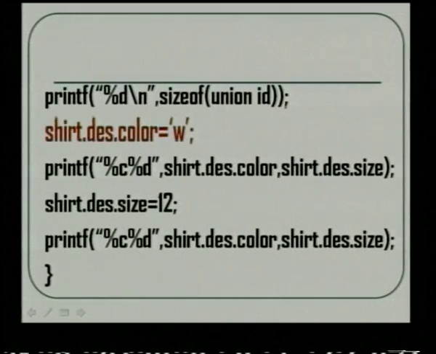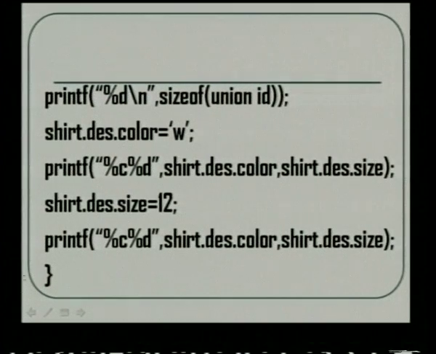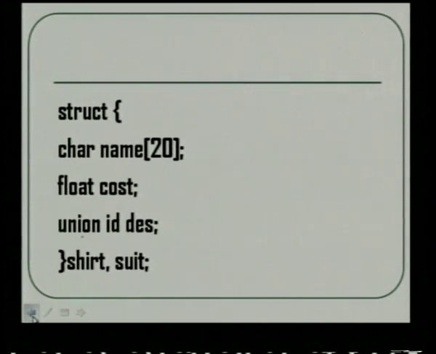And in the next step we see shirt.des.color. Now, what is this shirt and what is this des? The shirt was already seen in the declaration of the structure, the variables of the struct. Using the variable of the struct only, we will be able to access the component of the tag. Now, look here, in the previous slide we have seen that des is the variable of the union.